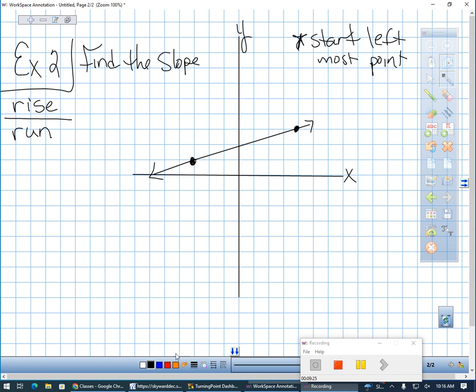So out of those 2 points I have up there, the leftmost point is this one, right? So the first thing I'm going to do is I'm going to count my rise. In order to get to my other point, I'm going to rise up 2. So I have 2 on top. And then from there, I'm going to run to the right. 1, 2, 3, 4, 5, 6, 7. My slope is 2 over 7.